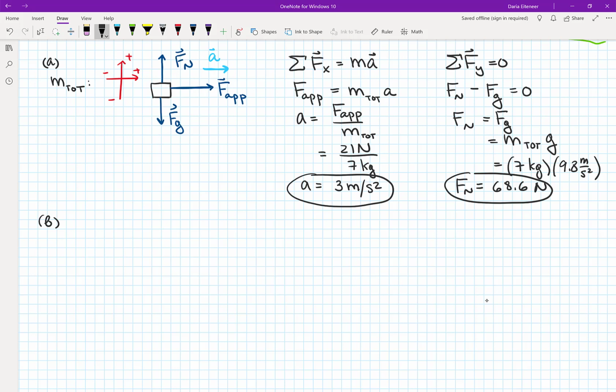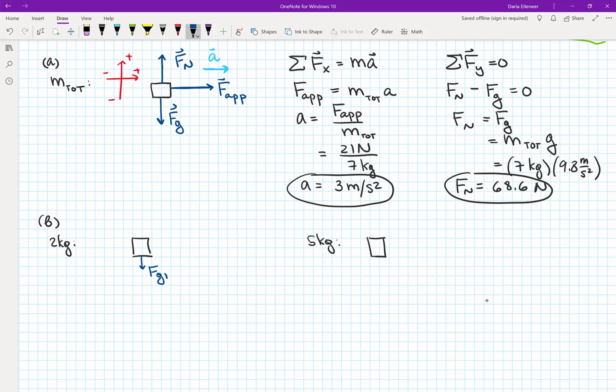So I'm going to draw it for the 2 kilogram mass separately, and then separately for the 5 kilogram mass. All right. So what forces are acting on the 2 kilogram mass? Obviously the force of gravity. I'll call this Fg1.